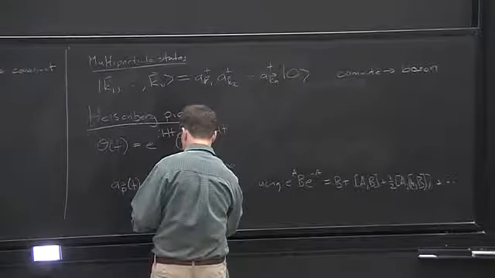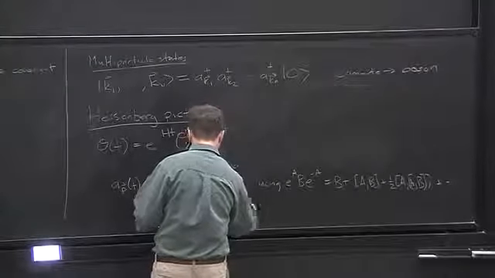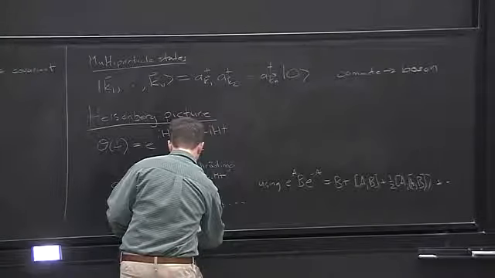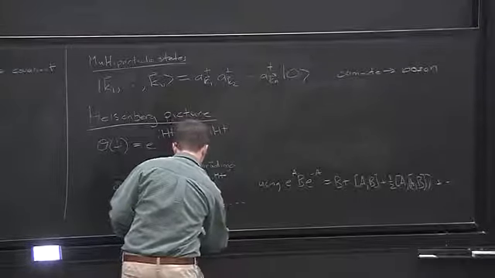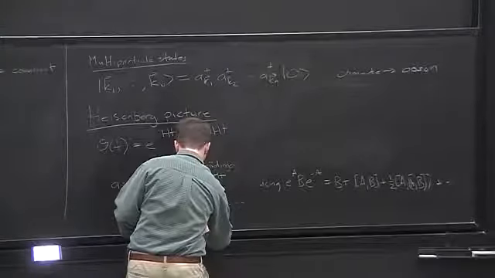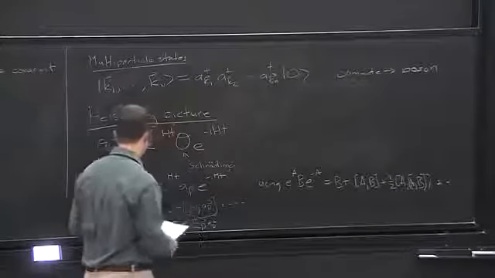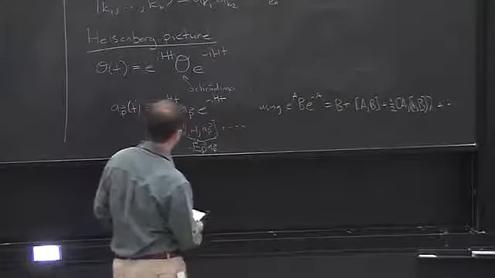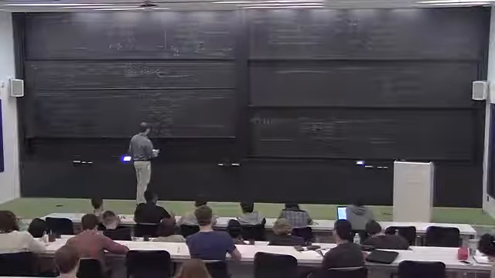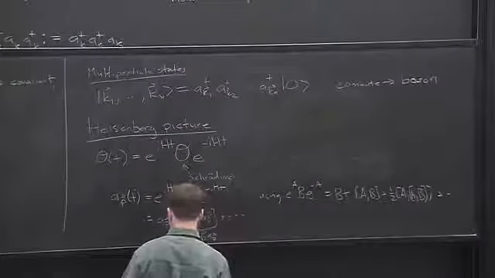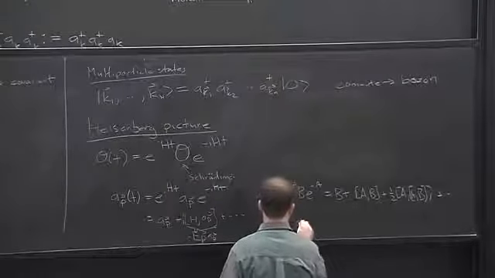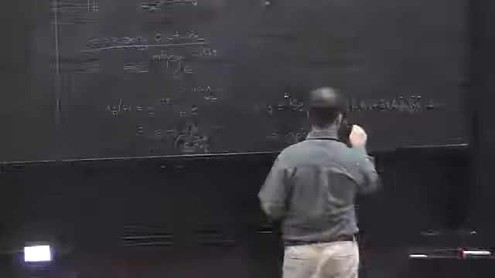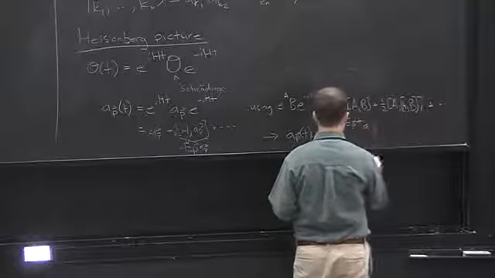We get this is [H, a_p] plus, and this is equal to minus, there's an i here, E_p a_p. So a_p(t) is equal to e to the minus i E_p t a_p.